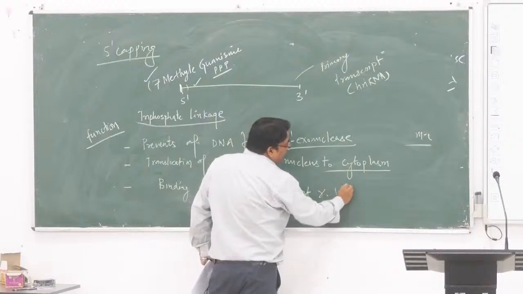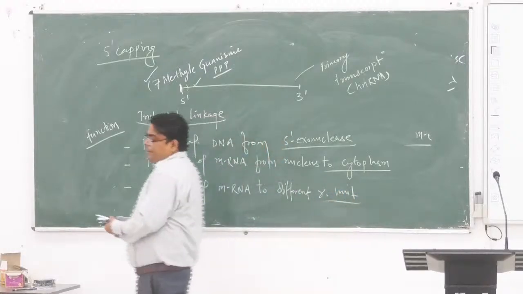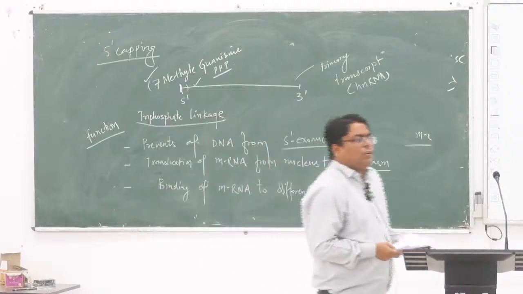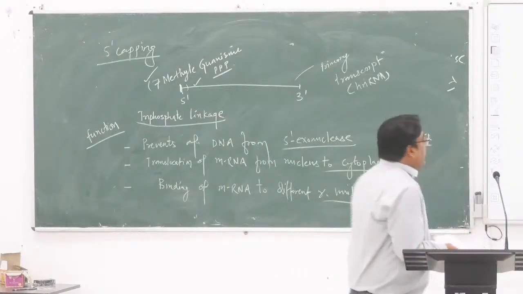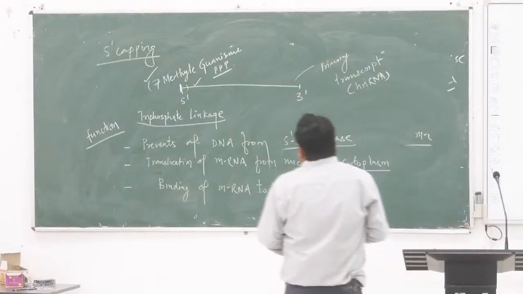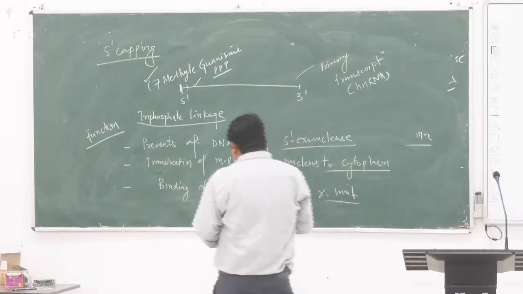This is called 7-methyl guanosine triphosphate capping, which we call 5' capping.